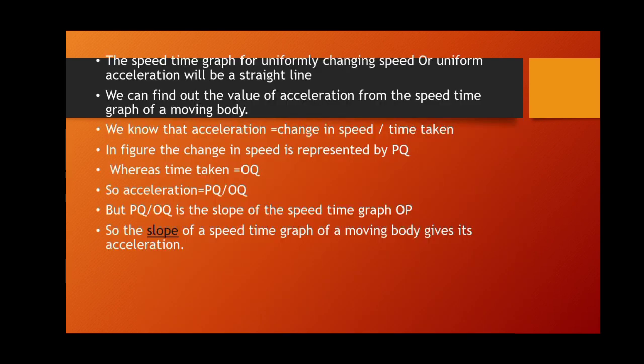So, acceleration is equal to PQ by OQ. But PQ by OQ is the slope of the speed time graph, OP. So the slope of a speed time graph of a moving body gives its acceleration.